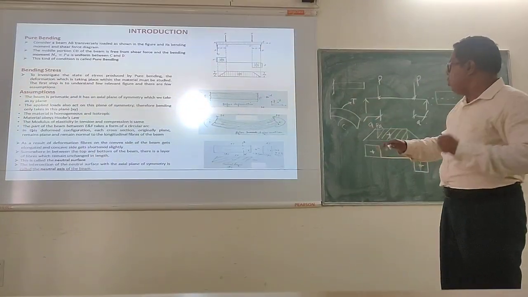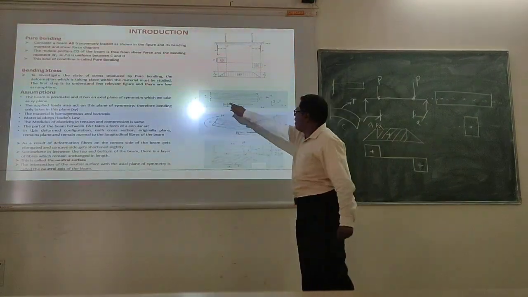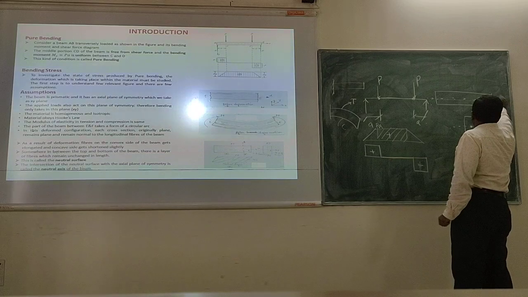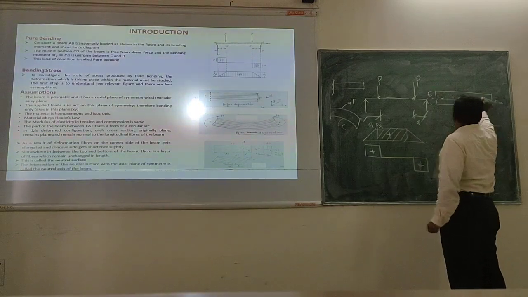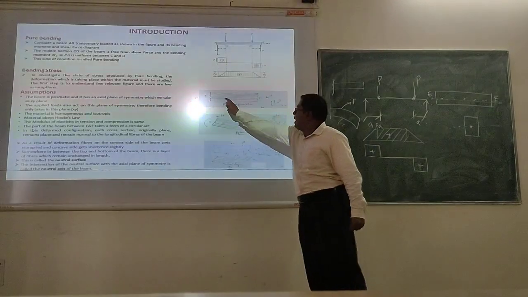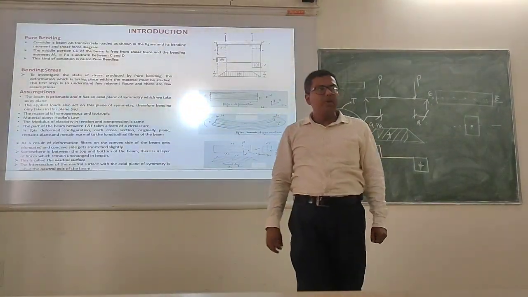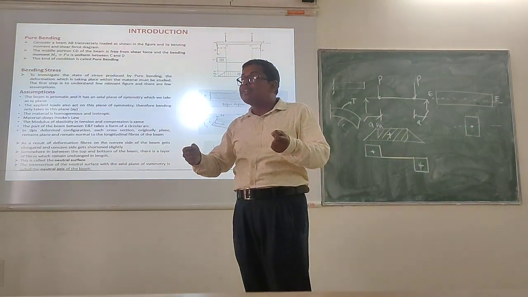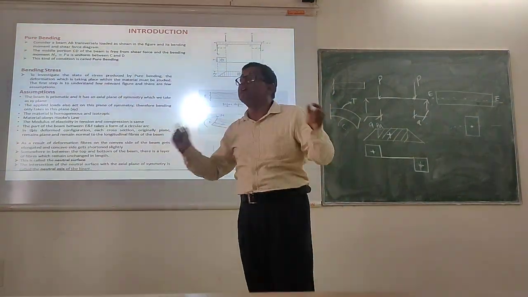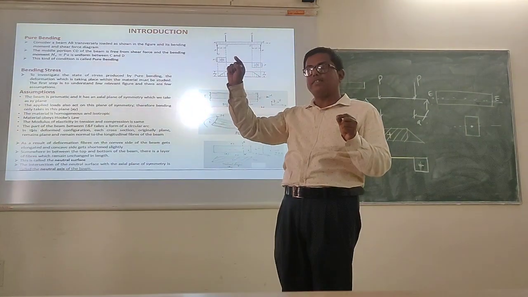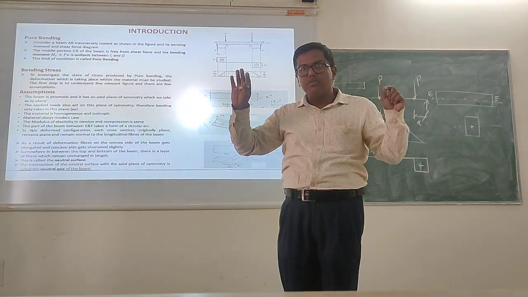Correct? So if I take a fiber here, let's say, and observe the length extension of EF, we will typically observe that there is no extension happening for the fiber which is passing through the centroid. Have you understood?